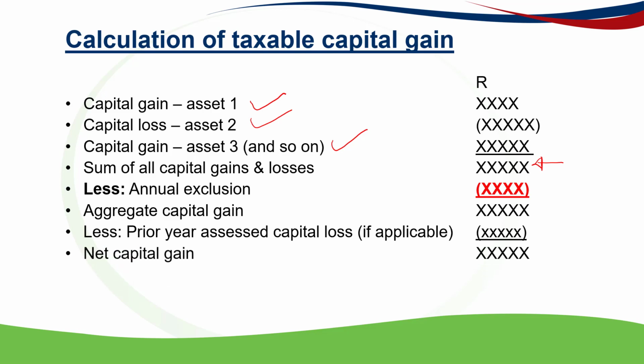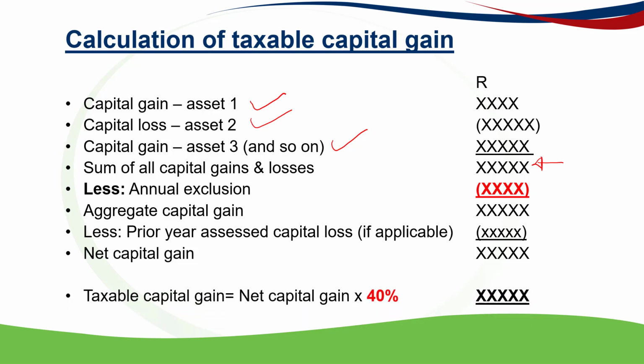The last step then is to multiply the net capital gain by 40% to get to what we call the taxable capital gain. This is the amount you use in the taxable income calculation. Remember, if you have a loss, so you don't have a net capital gain, but you have a net capital loss, then you will not include anything in taxable income.